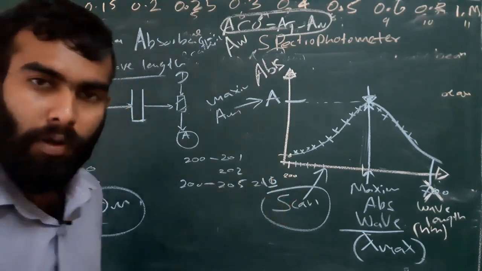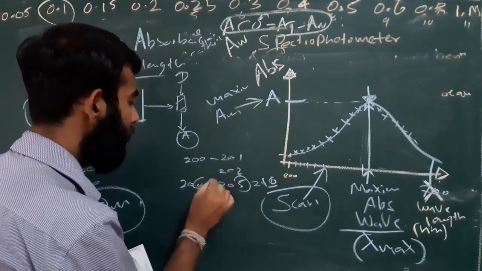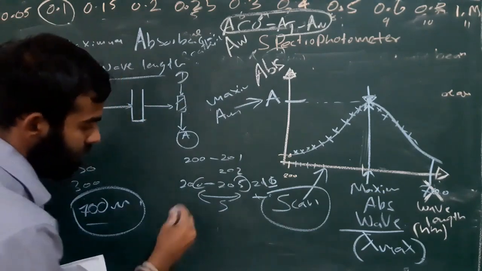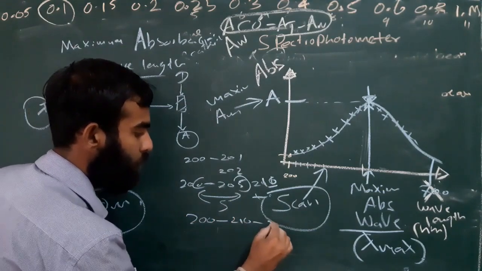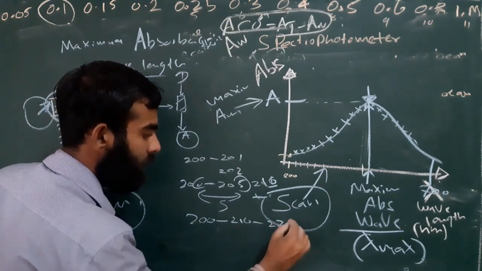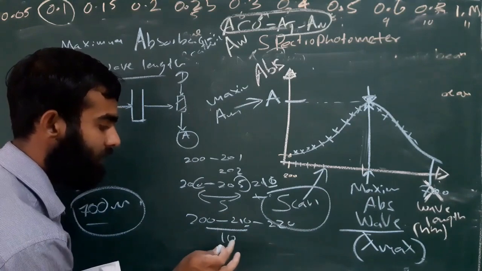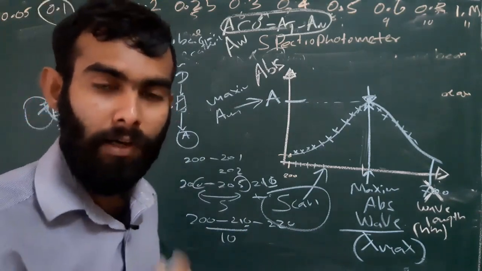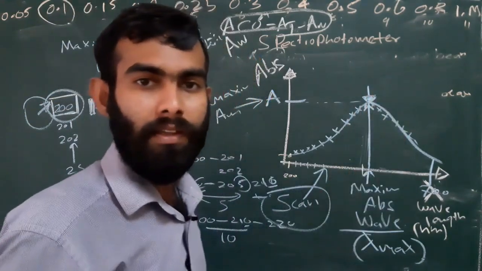Here the gap is 5. Someone can say 200, 210, 220, likewise 10 by 10, the gap is 10. When we increase the gap, it is very harmful for our experiment, because we will miss the exact lambda max value.